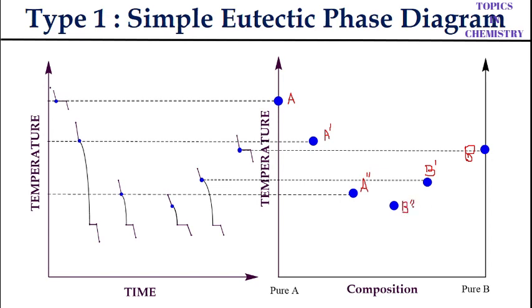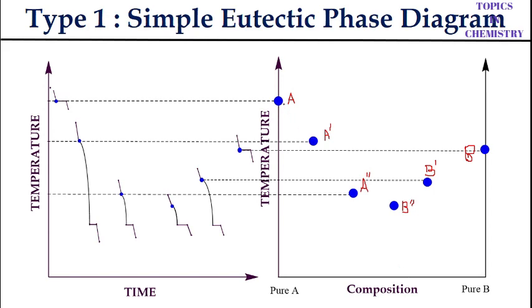So these are the three points. First, depression of the freezing point of A occurs, and gradually the composition of A decreases. Here this is pure B. When you mix A with B, gradually the freezing point of B decreases, the composition of pure B decreases, and the amount of A increases.